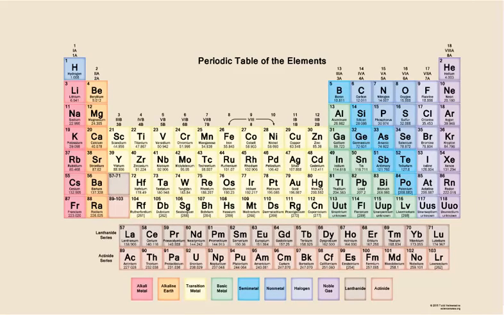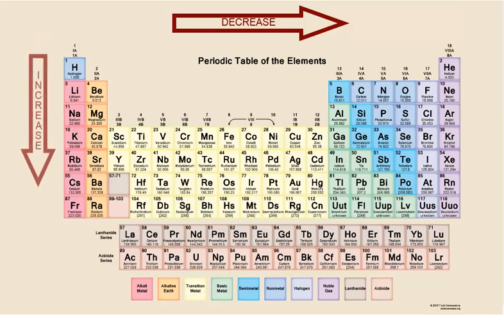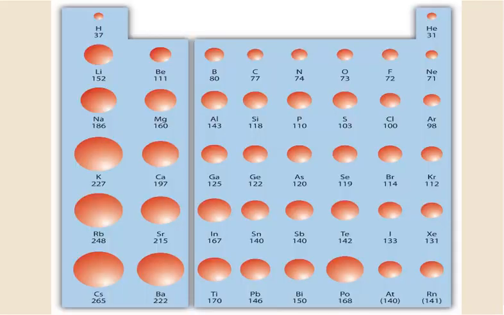To summarize, the atomic radius of atoms generally decreases from left to right across a period, and the atomic radius of atoms generally increases from top to bottom within a group. So in this image you can see how the atomic radii of the elements look relatively.